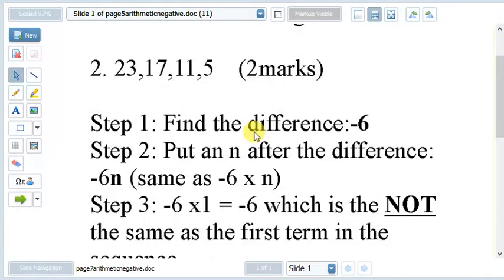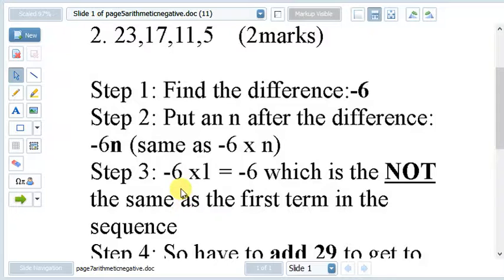Question 2. So now we've got 23, 17, 11 and 5. So find the difference, and the difference here is it's going down by negative 6 each time. Step 2, we put an n after the difference, so it becomes minus 6n.